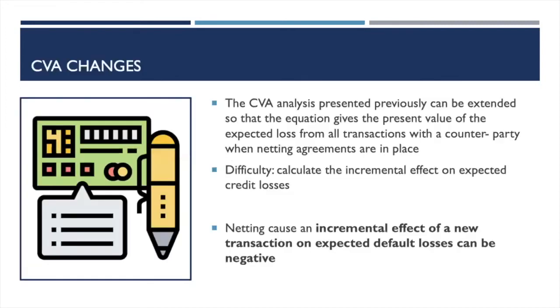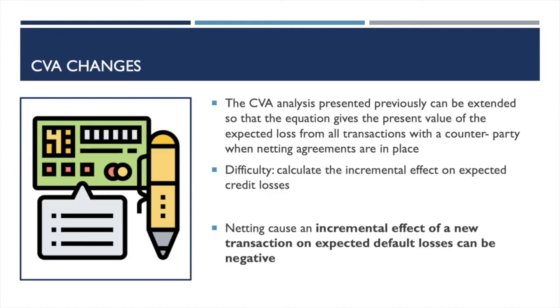The CVA analysis presented previously can be extended so that the equation gives the present value of the expected loss from all transactions with a counterparty when netting agreements are in place. This is achieved by defining B_i as the present value of the derivative that pays off the exposure at time T_i on the portfolio of all transactions with a counterparty.